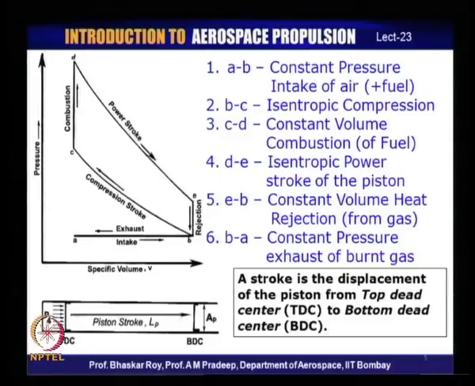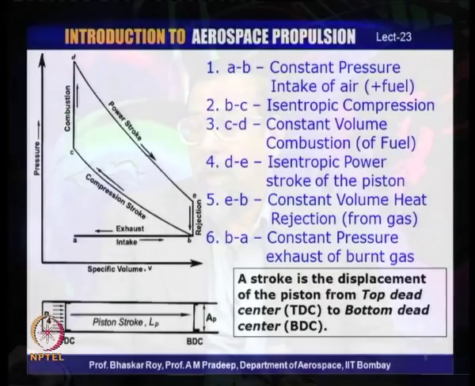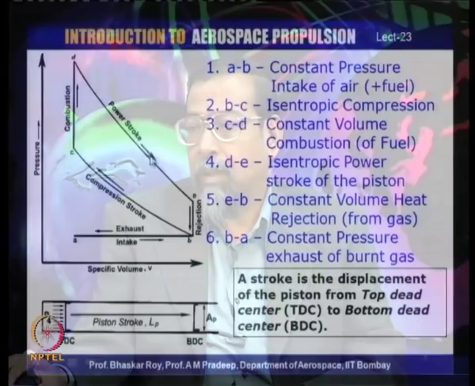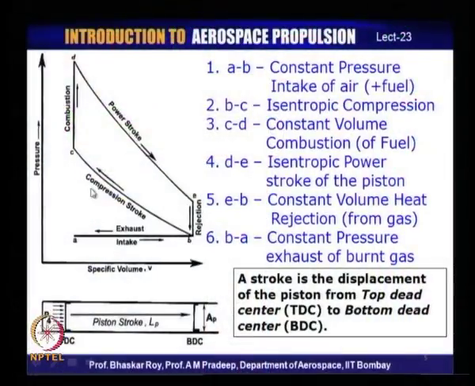That is, in our case, it will be used for creating, let us say, thrust or making the engine work. So, that is the useful work that would be available, often referred to as the net work. So, the gross work done by the power stroke minus the work input of the compression stroke is the net work that is available.